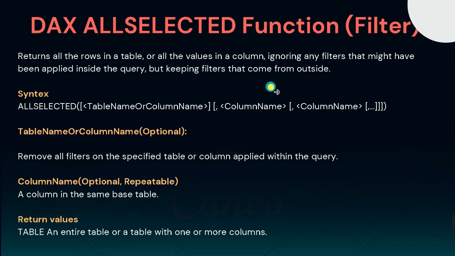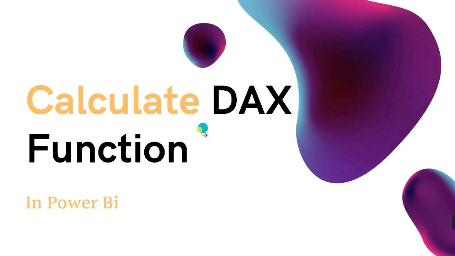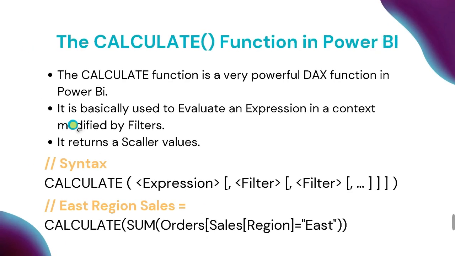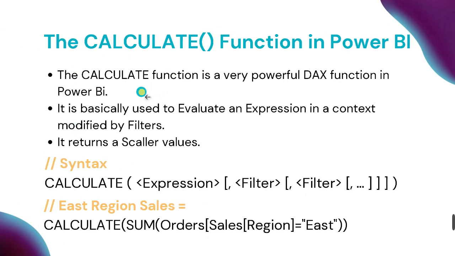Then the next is, what is the CALCULATE DAX function in Power BI? Basically, the CALCULATE DAX function is used to evaluate an expression in a context modified by filters. It means suppose we want to calculate something from a particular table by applying some filters on that.